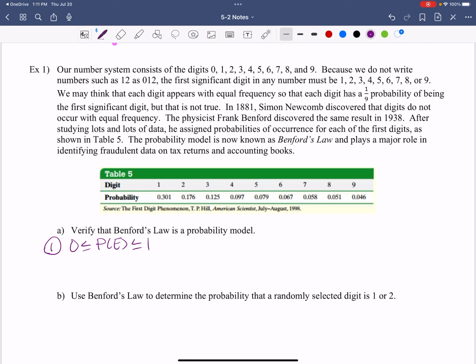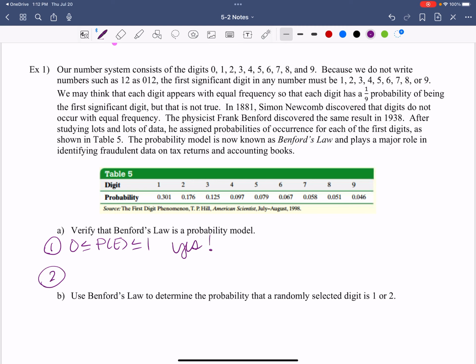Remember, inclusive. So between 0 and 1 inclusive. Does that hold true for these values? Yes, none of them are negative, and none of them are greater than 1, so we know that that's also happening. Sweet, so yes, that is true.